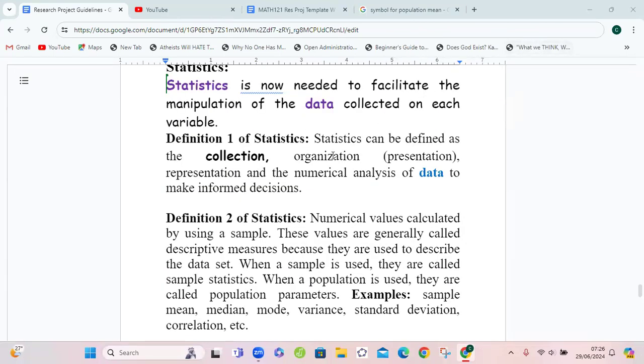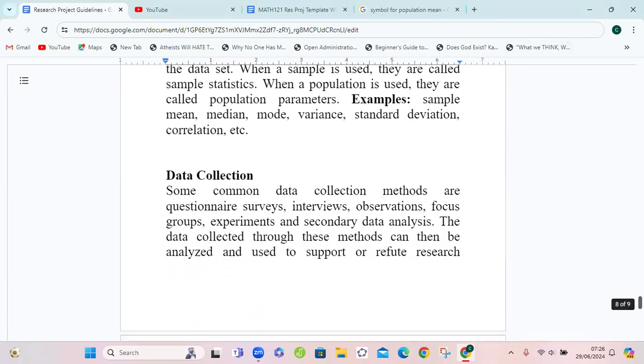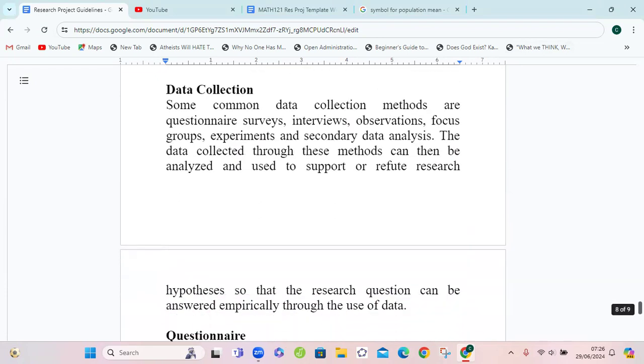So the next step now is to collect the data. So you have what you call data collection methods.